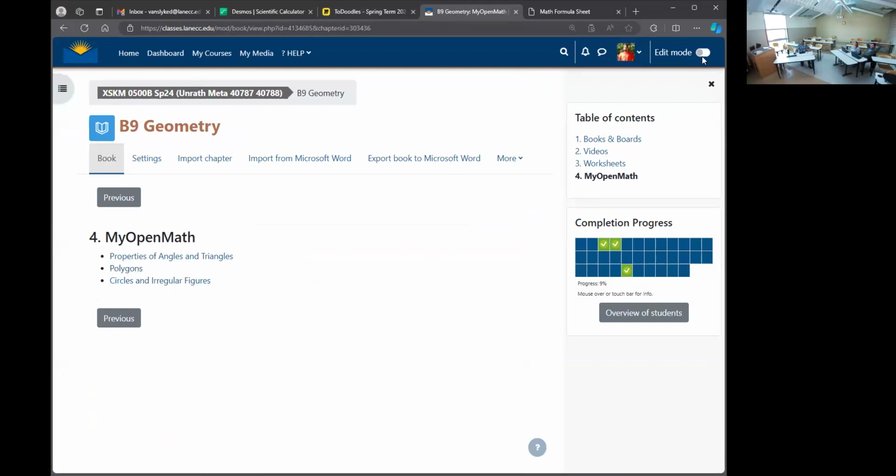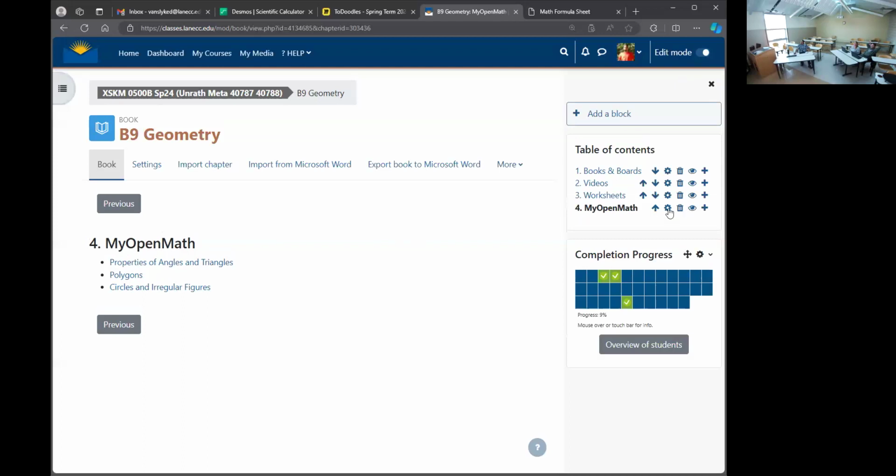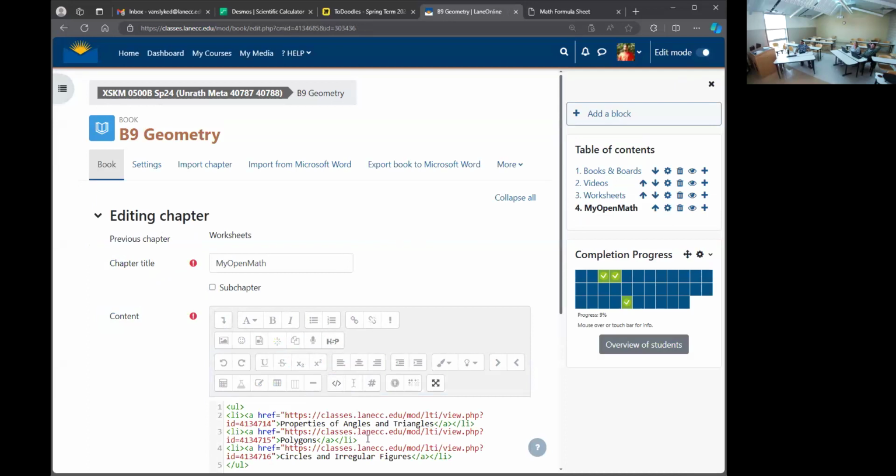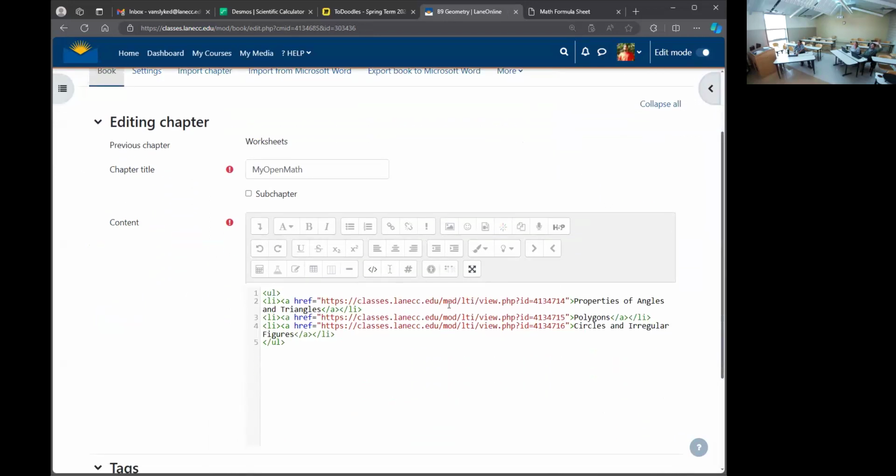So why don't I actually just make it be first? Let me rearrange it so that it's first. Moved it. No, I didn't move it. I thought I moved it. Let's try this again.